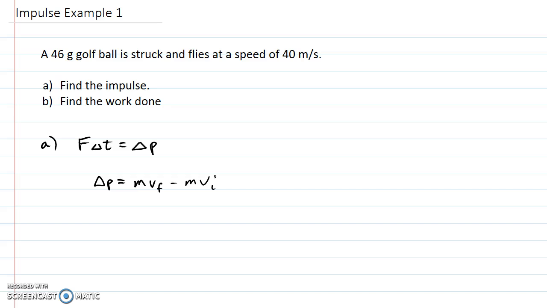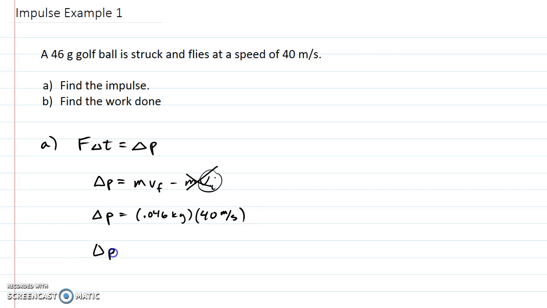Now, if you think about it, at the very beginning, the momentum was 0 because we had 0 velocity. So I'm going to get rid of this. And our impulse is actually just going to be how much momentum it has after it's been struck. So that's going to be 0.046 kilograms times the velocity. The final velocity is 40 meters per second.